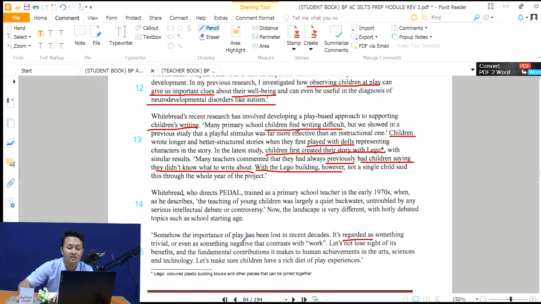Somehow the importance of play has been lost in recent decades. Okay, so it means that now and in past decades there's a difference. It's regarded as something trivial or even as something negative that contrasts with work.